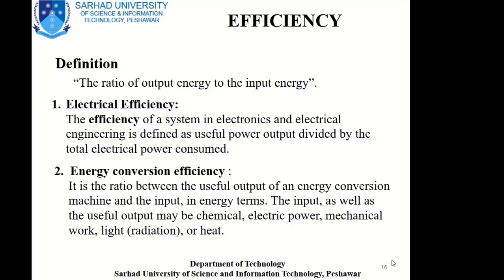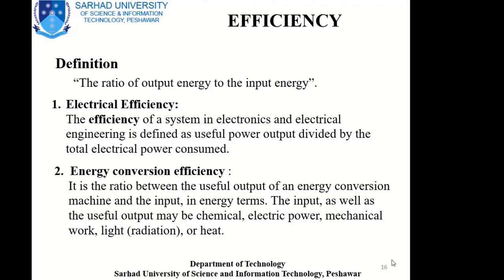Efficiency is generally the ratio of output energy to input energy, and when you divide the output energy by the input, you can also find the percentage efficiency by multiplying by 100%. One can say that this person is 40% efficient, this power plant is 85% efficient, and this system is 60% efficient. So efficiency is the measurement of the capability or performance of a system.